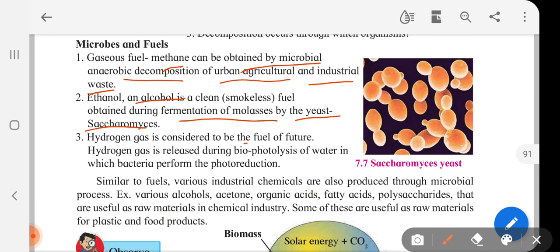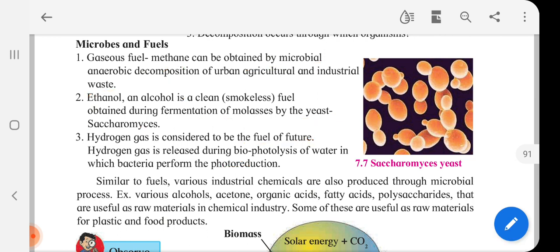Hydrogen gas is considered to be the fuel of future, and this hydrogen gas is released during biophotolysis of water, in which bacteria perform photoreduction. So these are important fuels which are used, like methane, ethanol, hydrogen gas, the potential future fuel. All can be obtained through microbial action.